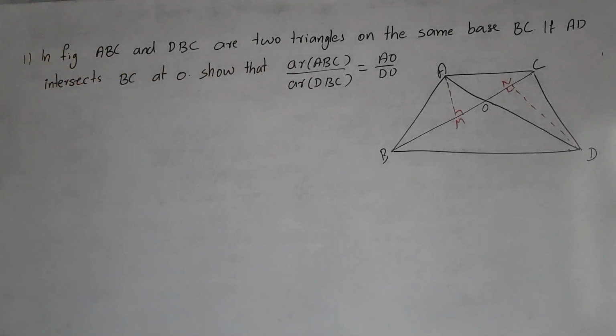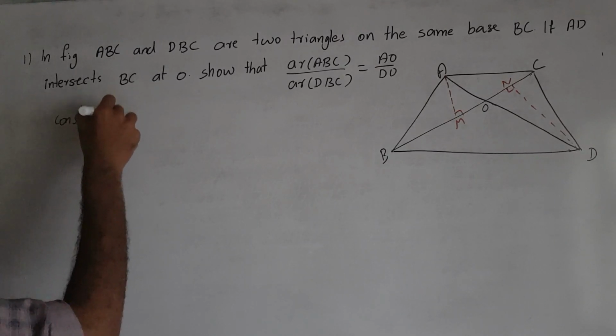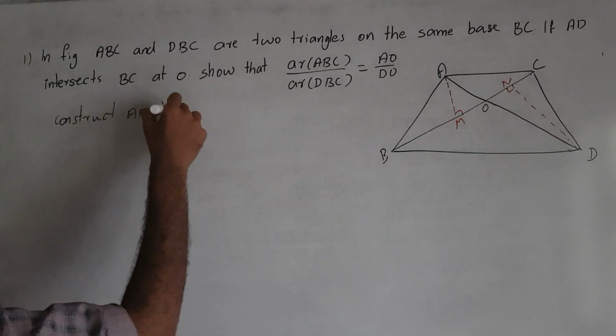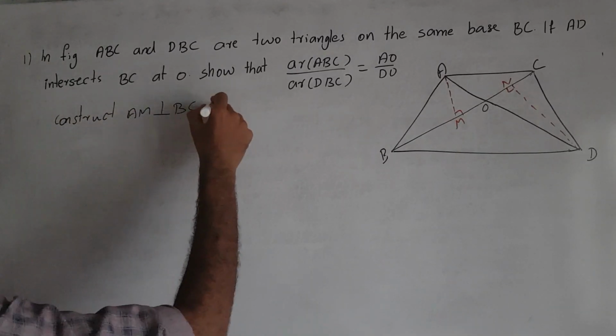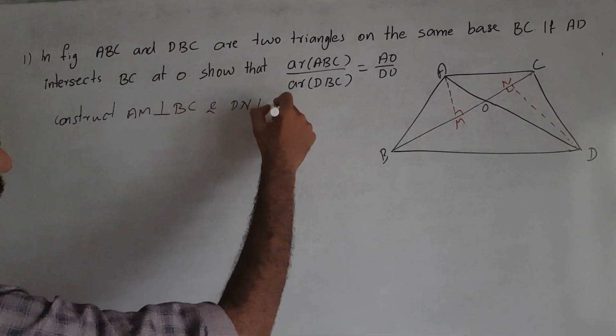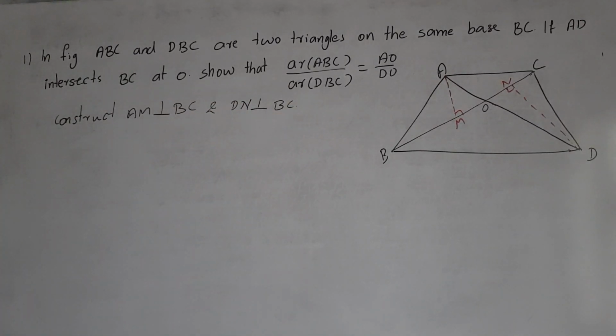How do we start? Construct AM perpendicular to BC and DN perpendicular to BC. We draw the two perpendiculars from the vertices to the side BC.